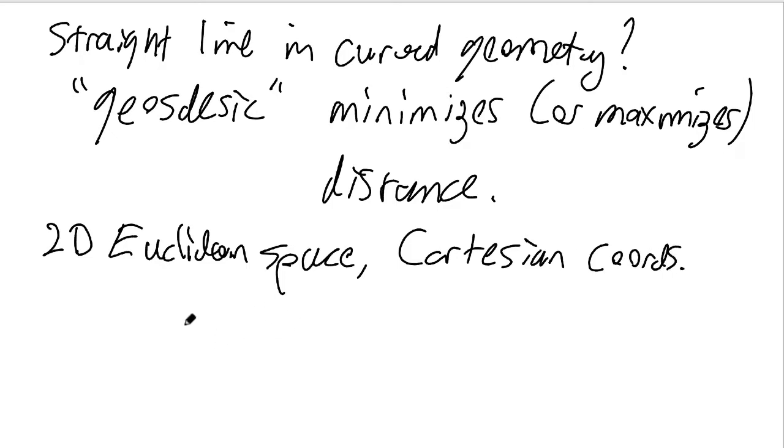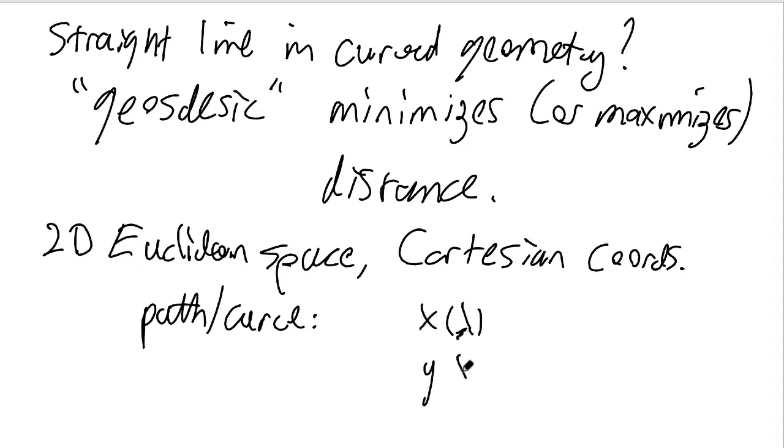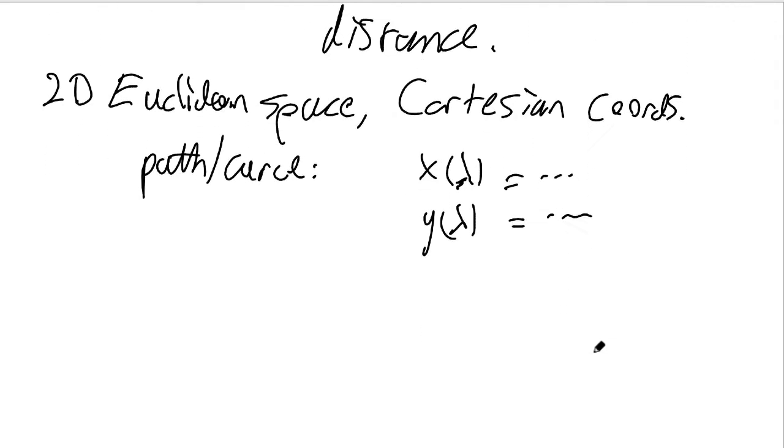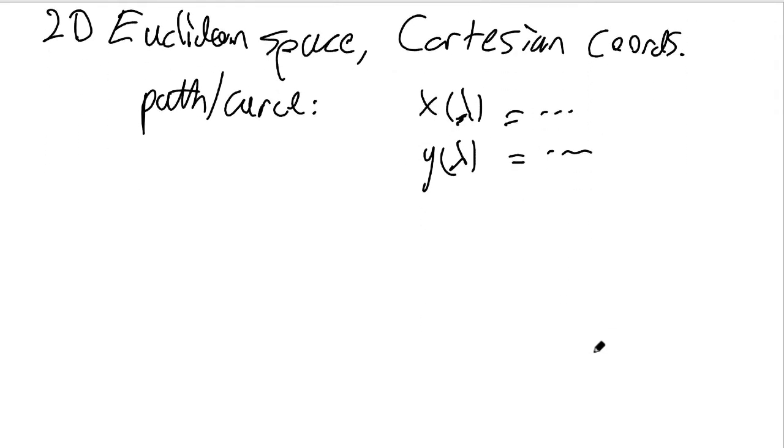A generic path or curve is defined by giving x and y as functions of some parameter lambda. And we know how to compute the distance along the curve. We need to compute dx and dy in terms of d lambda.